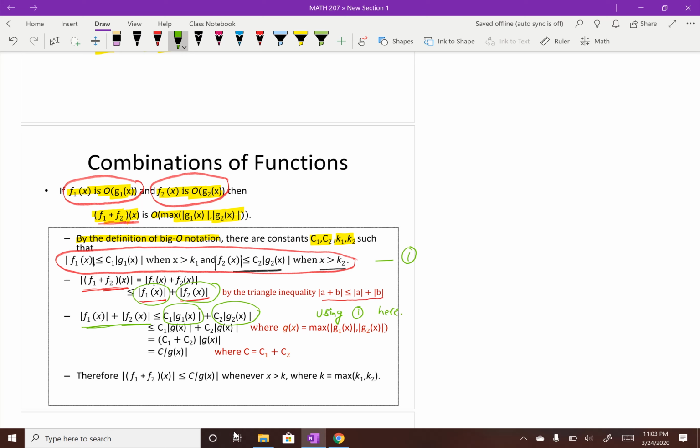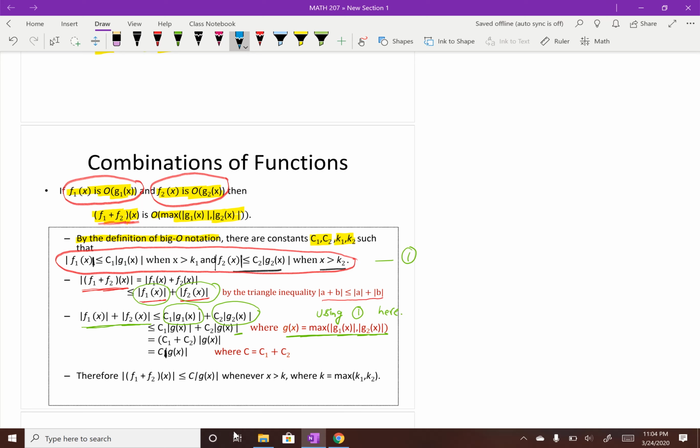Since you want to find a witness C, suppose I define g(x) as the maximum of the absolute value of g1(x) and the absolute value of g2(x). Then this inequality is less than or equal to (c1 + c2) times the absolute value of g(x).